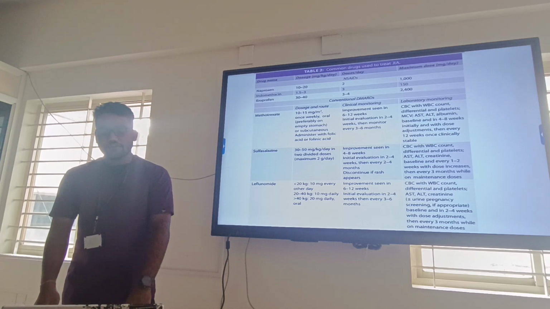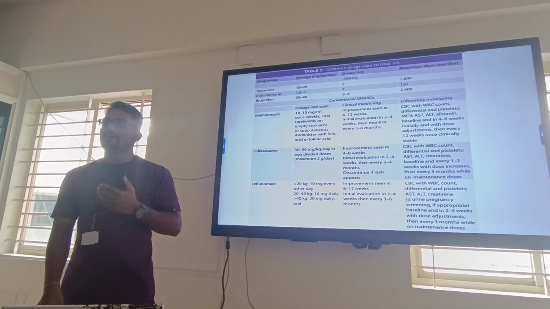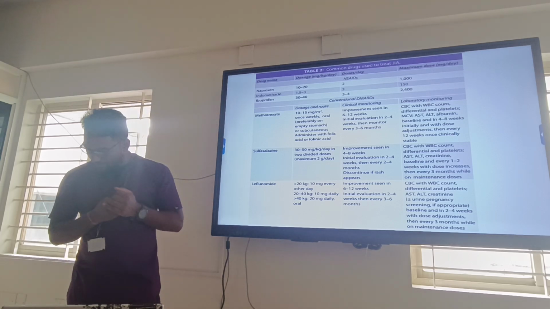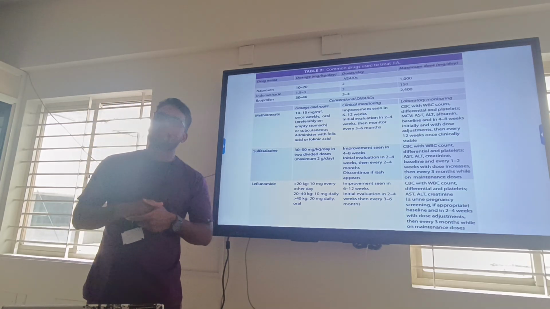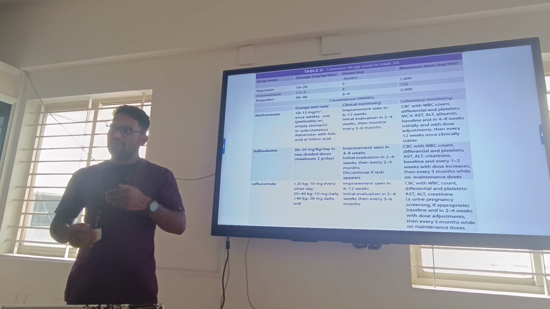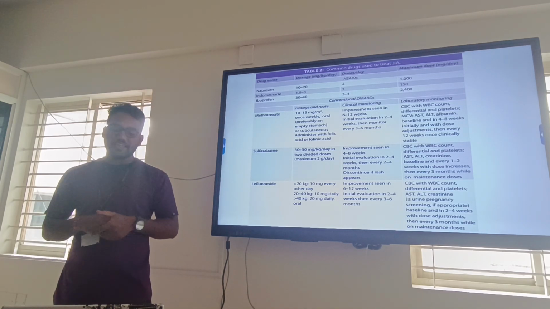Folic acid or folinic acid is given to decrease the ADR, the side effects of methotrexate, which has serious side effects like hepatotoxicity, bone marrow suppression and others. So to decrease that ADR, it is given with folic acid or folinic acid.